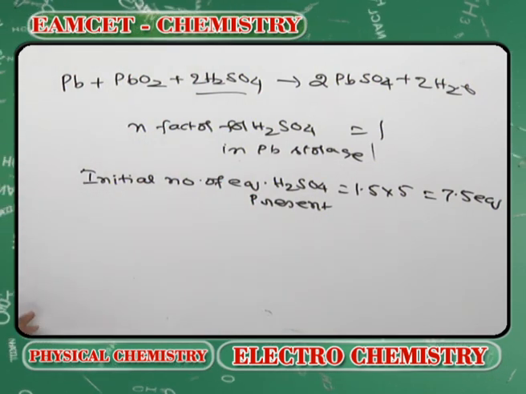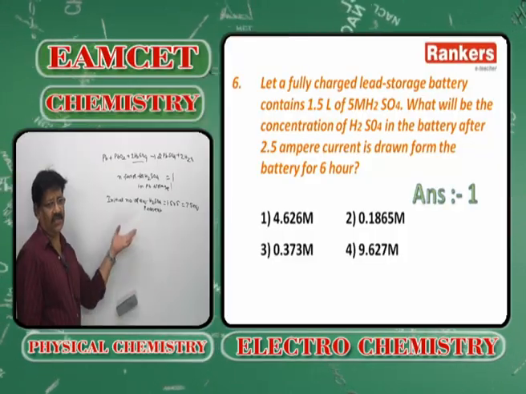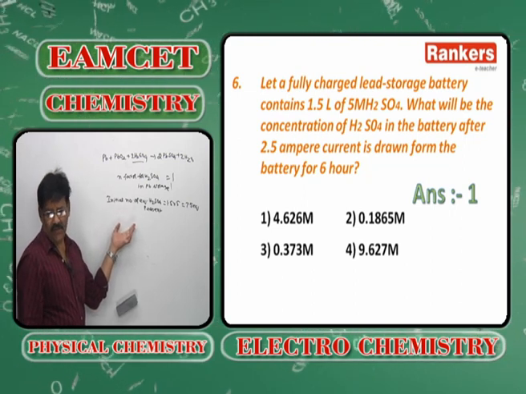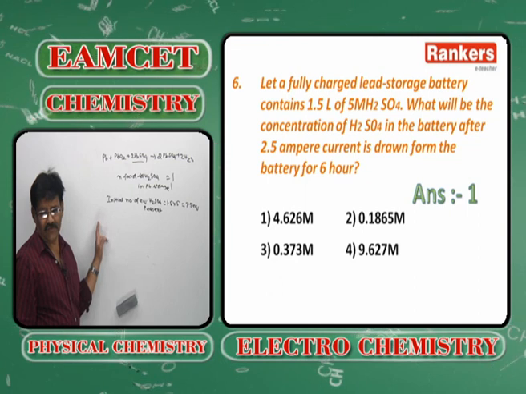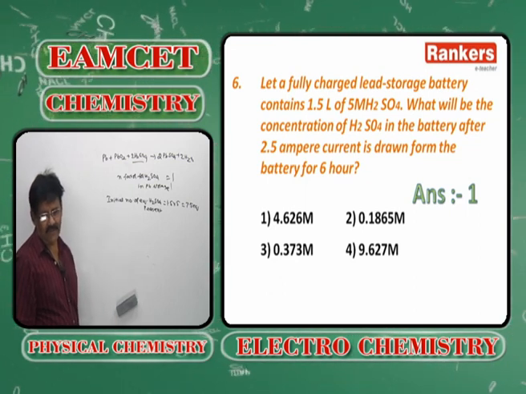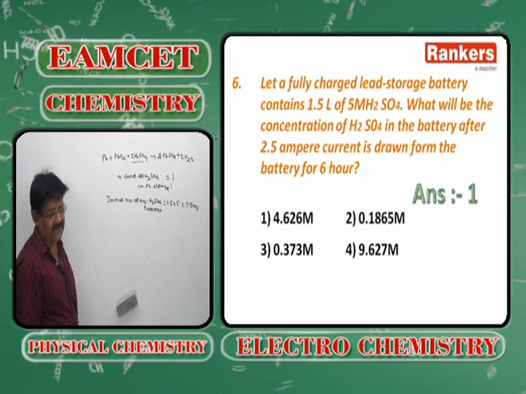In this case, the number of equivalents is equal to the number of moles. What will be the concentration of H2SO4 after 2.5 amperes of current is drawn from the battery for 6 hours?